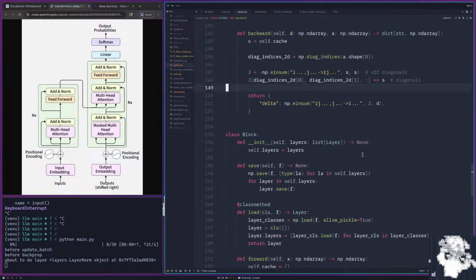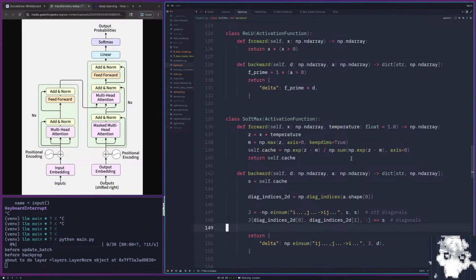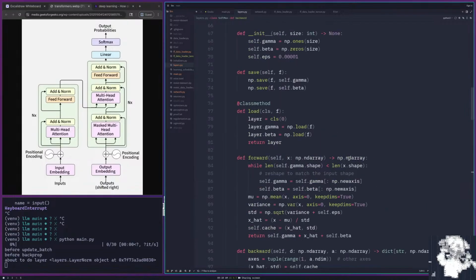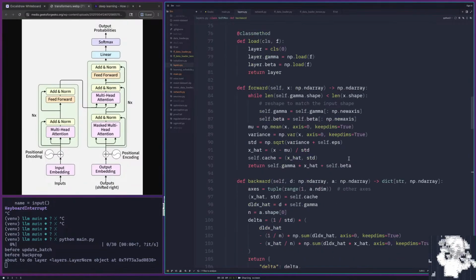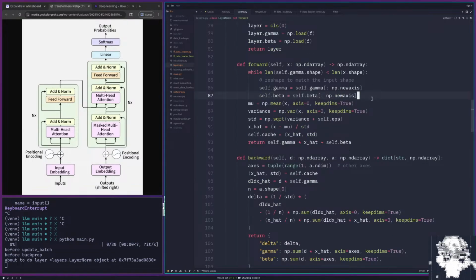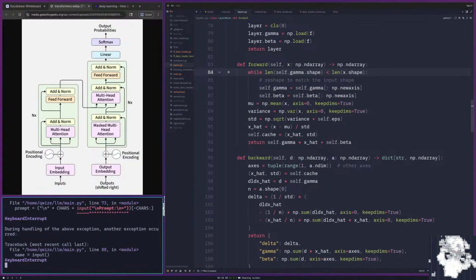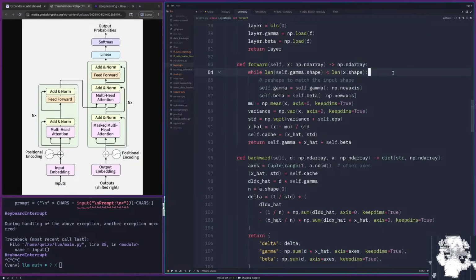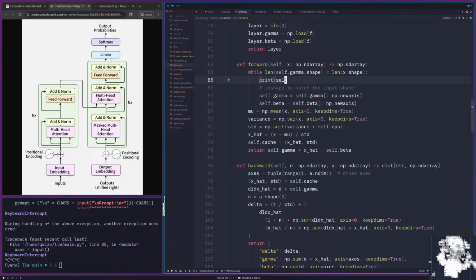So what's going on in layer norm that could... don't tell me I'm in an infinite loop here somehow. Is that for real? Print self dot gamma dot shape.